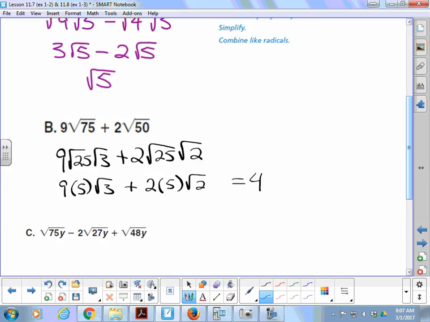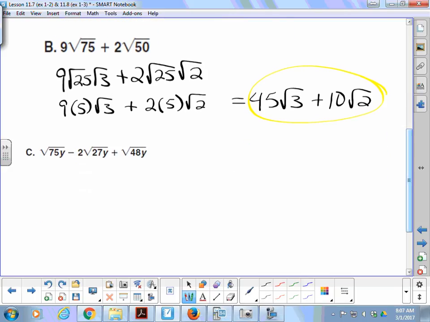So we have 45 square roots of 3 plus 10 square roots of 2. And since those are not like radicals, that's my answer. So basically all I did then is just simplify them. So we simplify the radicals, simplify the expressions, and then if we have like radicals, we'll add or subtract them.